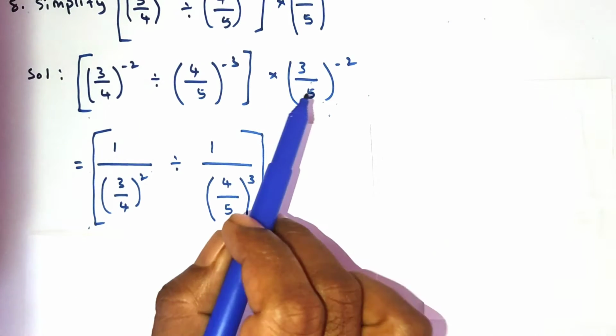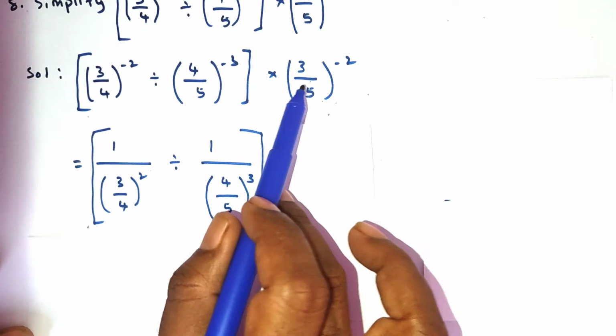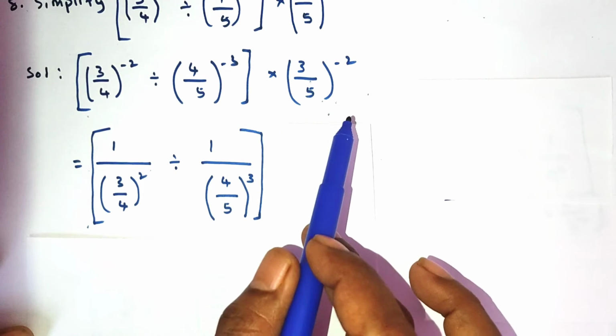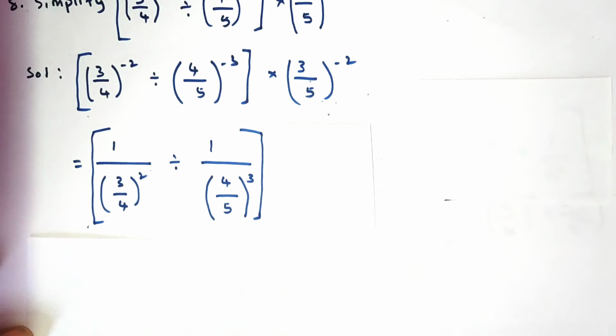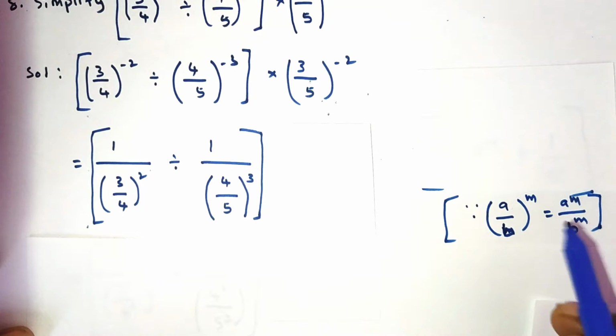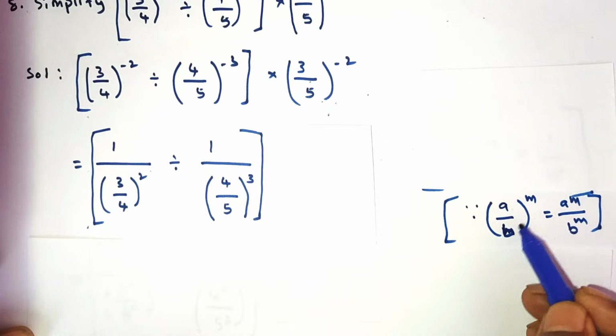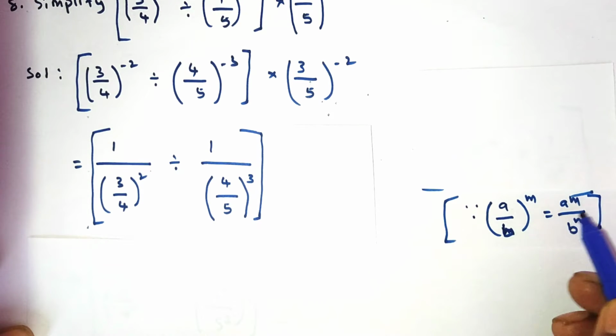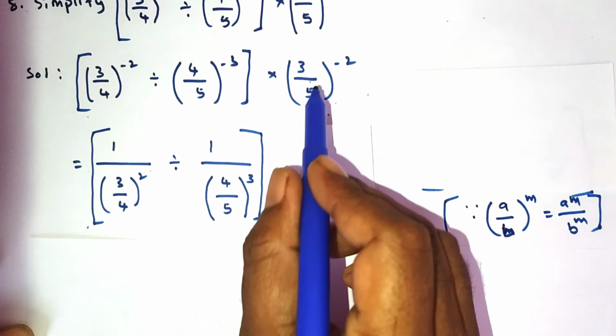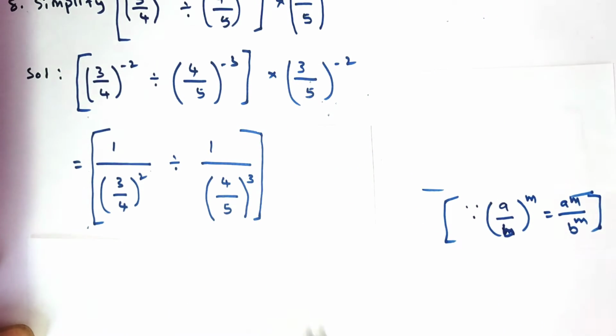Let us see how we can write this by using laws of exponents. Look here, as per this law of exponents, a by b whole power m is equal to a to the power of m by b to the power of m. Based on this law, we have to simplify this part of the equation.